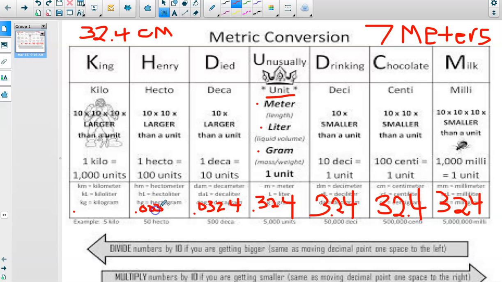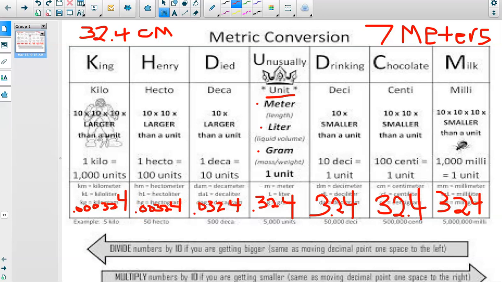So you can imagine how small this is going to be on the far left. So all you're doing, students, is you're moving the decimal over.